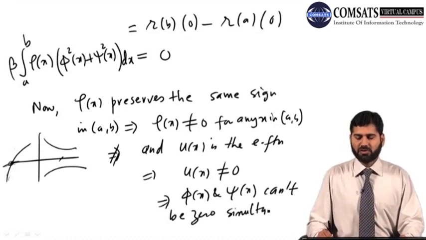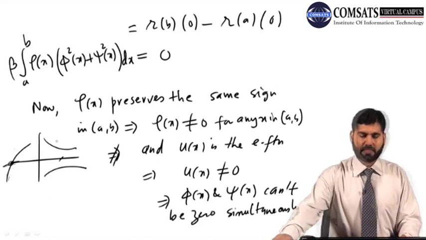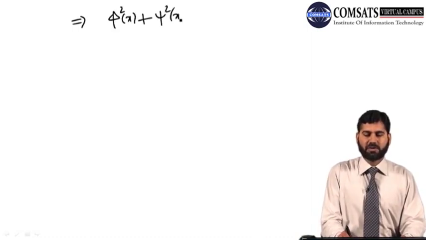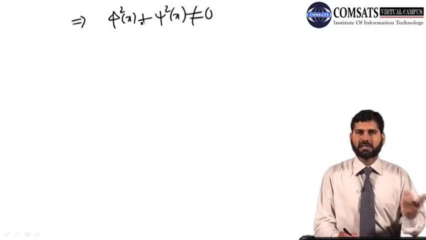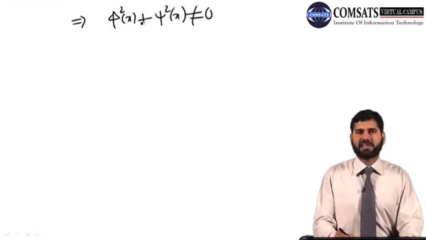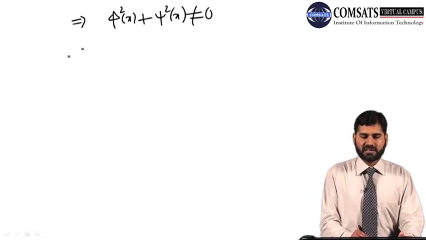One of them may be equal to 0, but they will not simultaneously be equal to 0. So phi squared(x) plus psi squared(x) will not be equal to 0 as well, because one of them may be equal to 0 but the other will be non-zero, so the square of that will be non-zero. So rho(x) is not equal to 0, phi squared plus psi squared is not equal to 0.